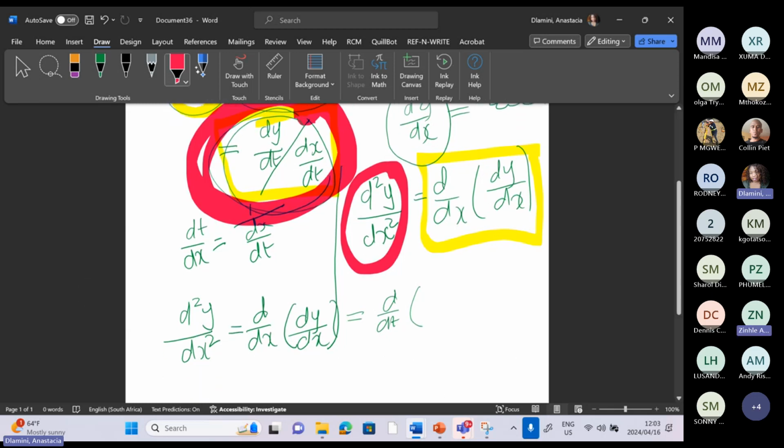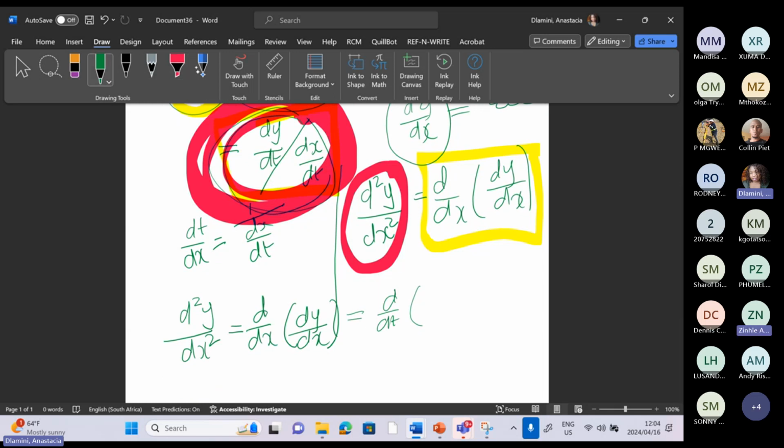So you take dy over dx and differentiate with respect to whatever variable, in this case t, then you divide by dx over dt. Does it make sense, or should we go to the example? Maybe I can explain everything I just explained in the example. We can try that.